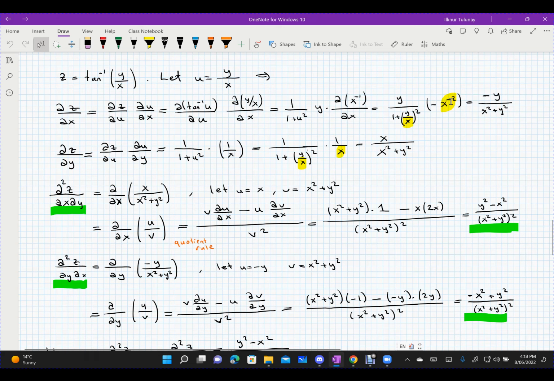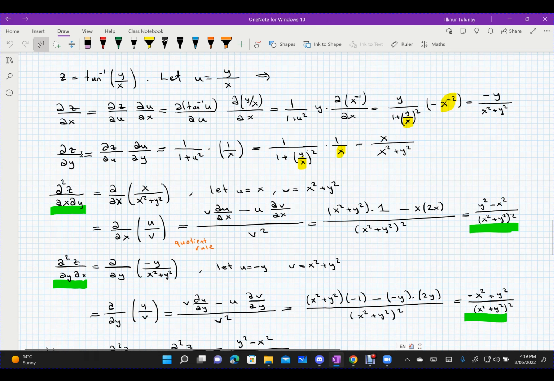If you put u back in, we have 1 over 1 plus y squared over x squared. If we simplify this expression, we have x squared plus y squared divided by x squared. The x squared in the denominator will cancel out with the x to the minus 2 here. Then we have minus y over x squared plus y squared.